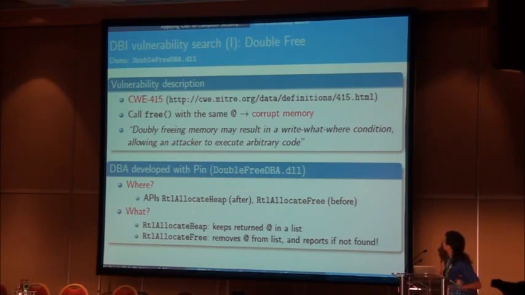After calling the allocation of memory, I'm going to keep the address of the memory that the system has provided in a list, and when releasing the memory, I'm going to remove that address from the list. If the address that is given to me is not in my list, I can report that maybe I have found a vulnerability.